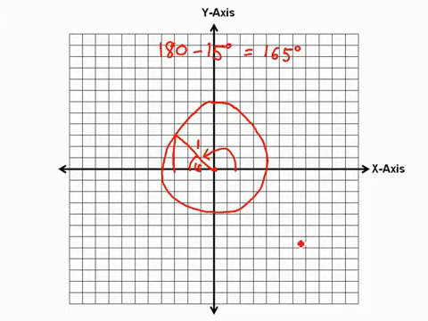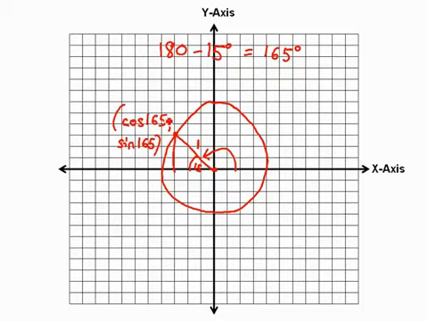I'm following. Excellent. So now we know that this point here, by our construction, is going to be cosine of 165 for x, and sine of 165 for y. So far so good? I'm getting it. Right. So, if that point is cosine 165 and sine 165, then we know that the sine value has to be positive and the cos value has to be negative because of the quadrant.